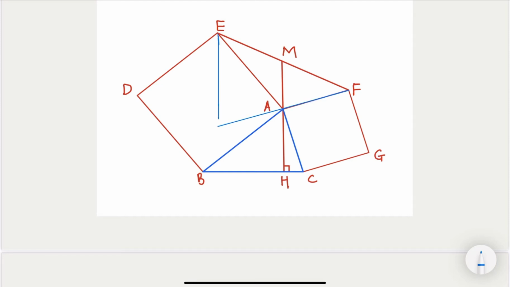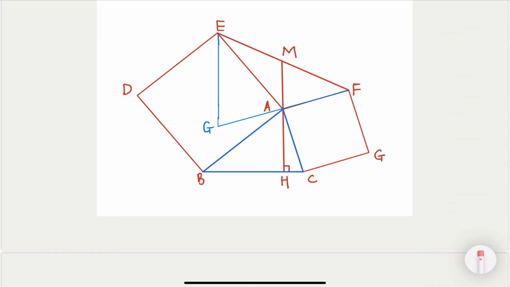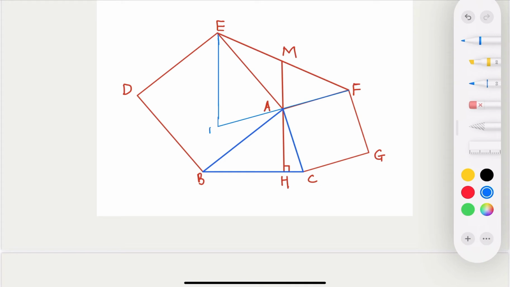And this line meets at, let's call it G. Oh, sorry, G is used. So I'm going to call it T. All right, so here I claim that I have congruent triangles now.